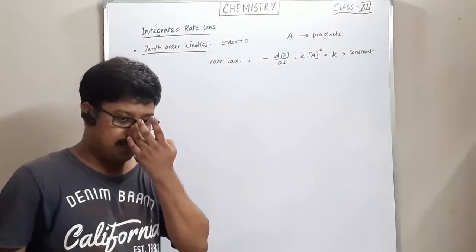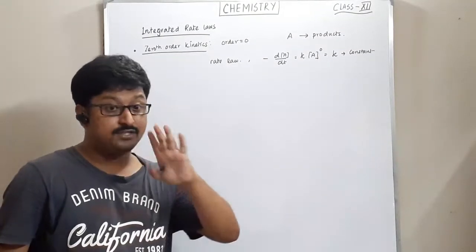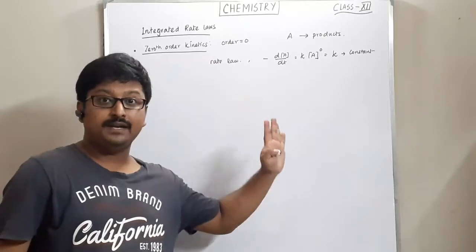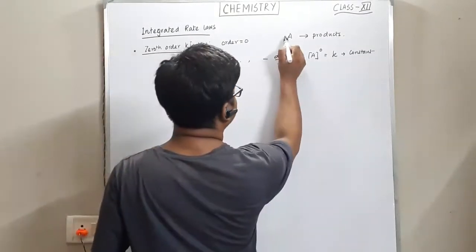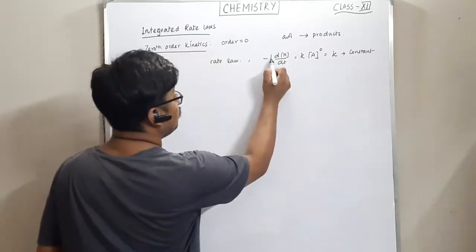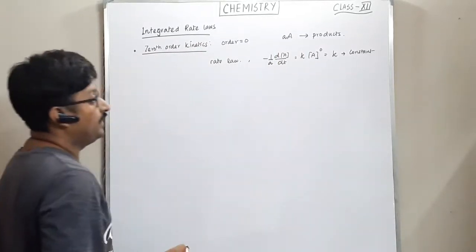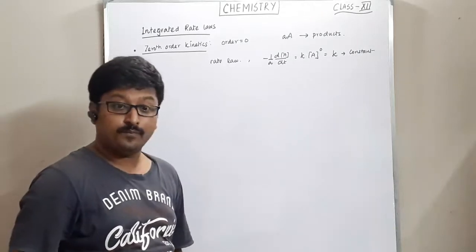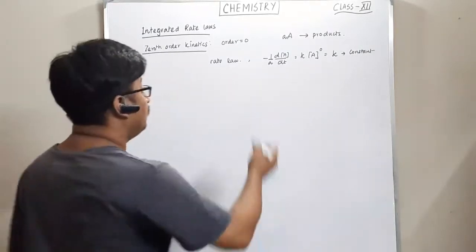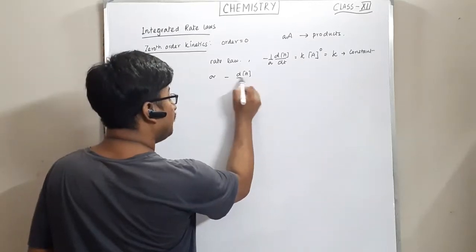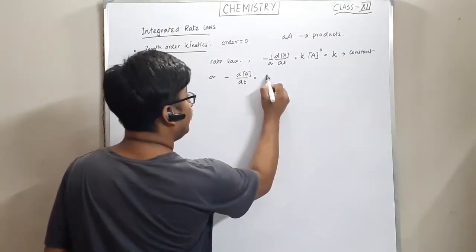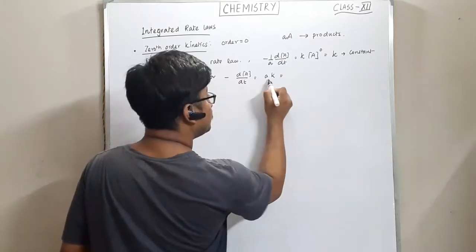Okay. Now experimentally your order is zero here. We are forgetting about the stoichiometry here, so it will be 1 by A here. Now let's just rearrange: minus dA by dt and A into k. Let's say this is also a constant.